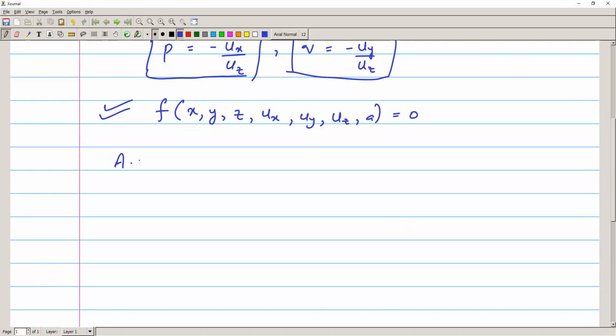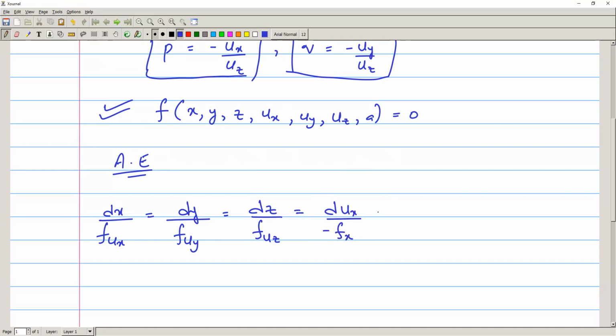The auxiliary equation for Jacobi's method is given as dx divided by f of ux, equals dy divided by f of uy, equals dz over f of uz, equals dux divided by negative fx, equals duy divided by negative fy, equals duz divided by negative fz.